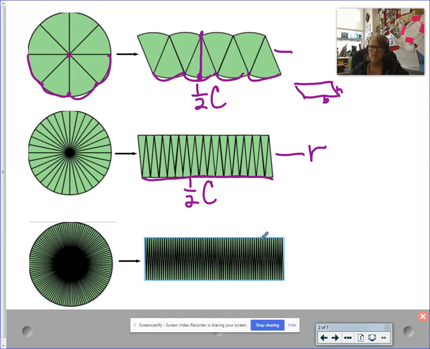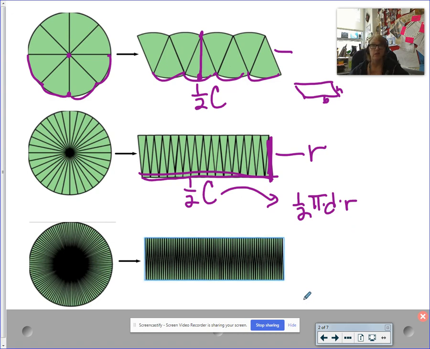Well, what was our formula for circumference? It was pi times diameter, right? And then if I say I need half of that, that gives me this side, and then this dimension is a radius. So really, my formula for area of a circle is 1/2 times pi times the diameter times the radius.